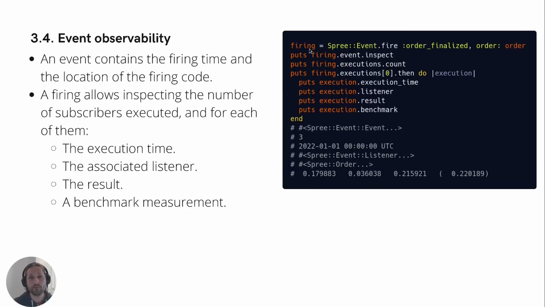On top of that, a firing object is returned when an event is fired. It gives access to the event and the array of executions it triggered. For each execution, we can inspect its execution time, its associated listeners, the result of the execution, and a benchmark of it.